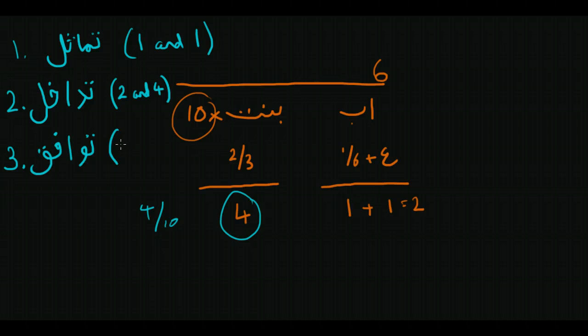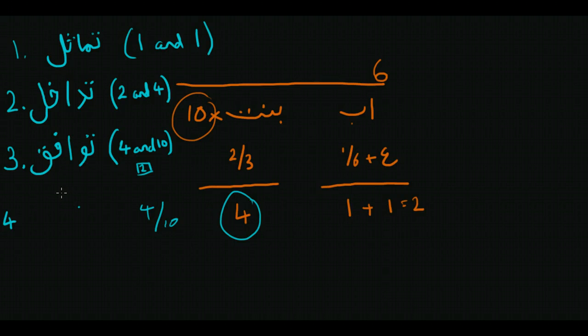An example of this would be 4 and 10. So 4 goes into 10, however there's a remainder, but another number, the number 2, which is known as the wafaq, actually goes into both of them. So this type of relationship is called the wafaq, and the final type of relationship is called the bayun.